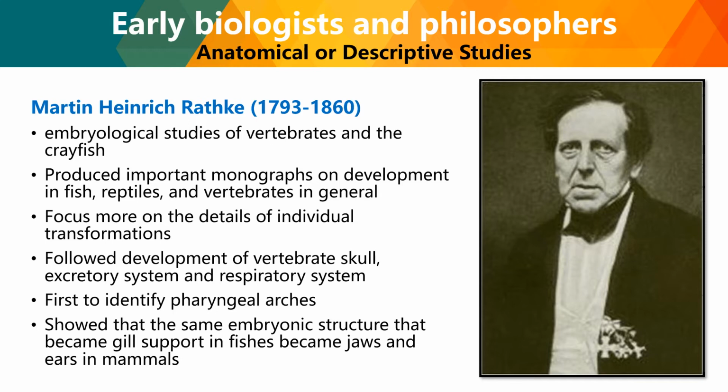He is also the first to identify the pharyngeal arches, and he showed that the same embryonic structure that became gill support in fishes became jaws and ears in other animals. So in here, you will see that there is already, again, a comparative anatomy concept. No? Kasi from those embryonic structures that he saw from fishes, he compared it with the jaws and ears of other animals.